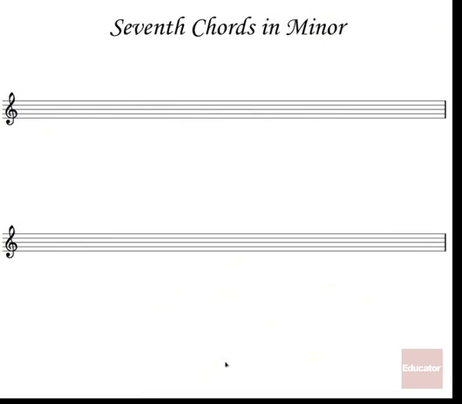Okay, let's do the same thing in minor. So just choose A minor as our key. And as we remember from the lesson on triads, there's a different arrangement of major and minor chords in minor.